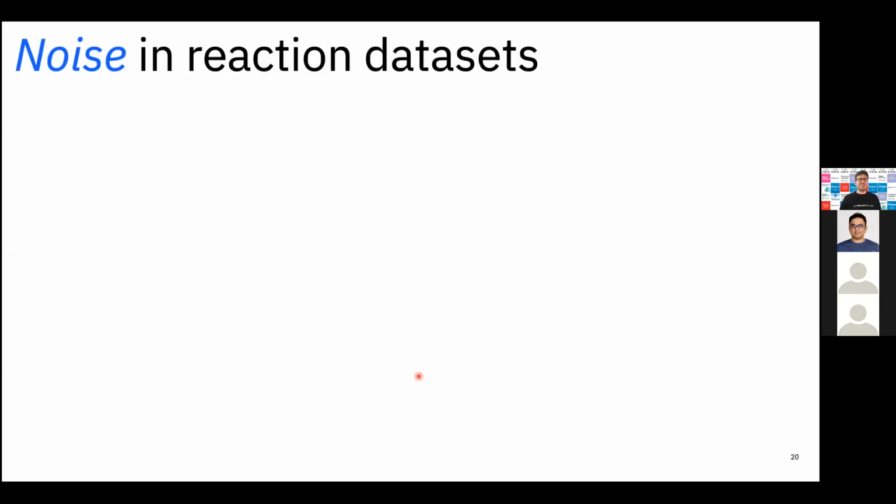Another problem, or another thing that we always have when working with chemical reaction data, and in particular those open source data sets, is noise.